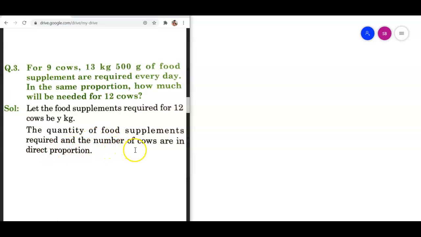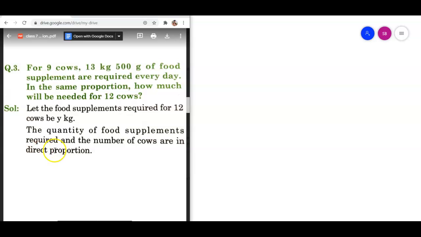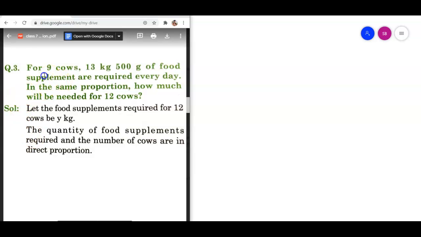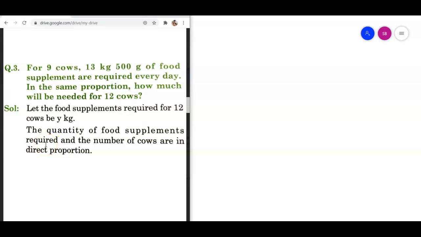Therefore, if one thing increases, the other also increases. If one thing decreases, the other also decreases. Now here in the question it is given for 9 cows and it is asked for 12 cows. So naturally 9 cows is less than 12 cows, so we have to find out more. So let us find out the answer.